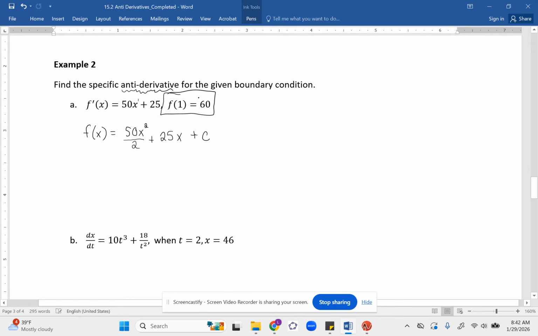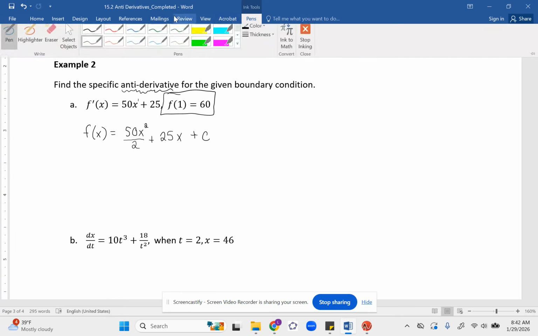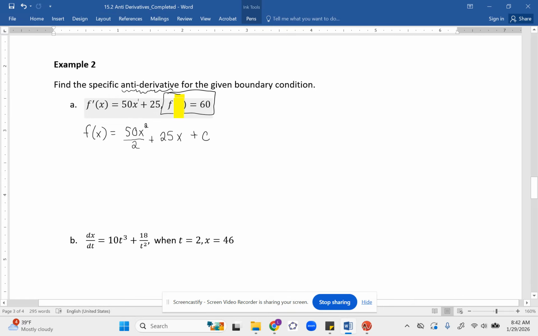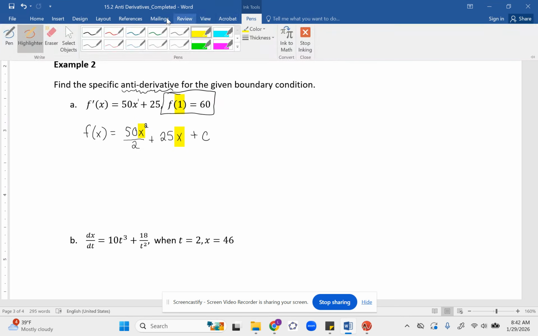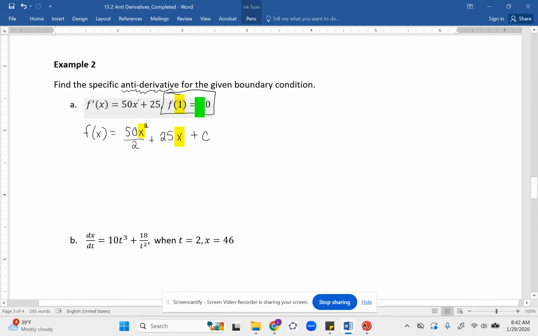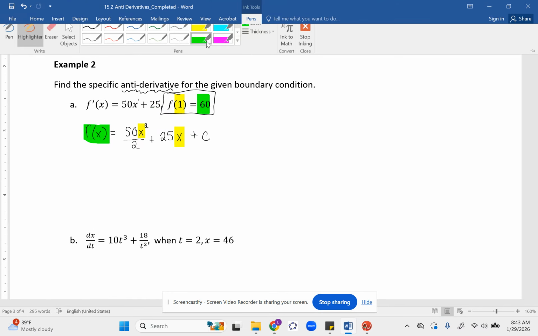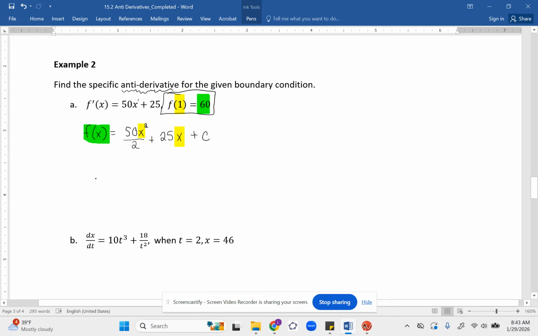Well, what today's lesson is, we can find c. How can we find c? We can substitute 1 in everywhere we have an x, and we can substitute 60 in for the output. So set it equal to 60. And when we do that, we have 60 equals, substituting 1 in for x.